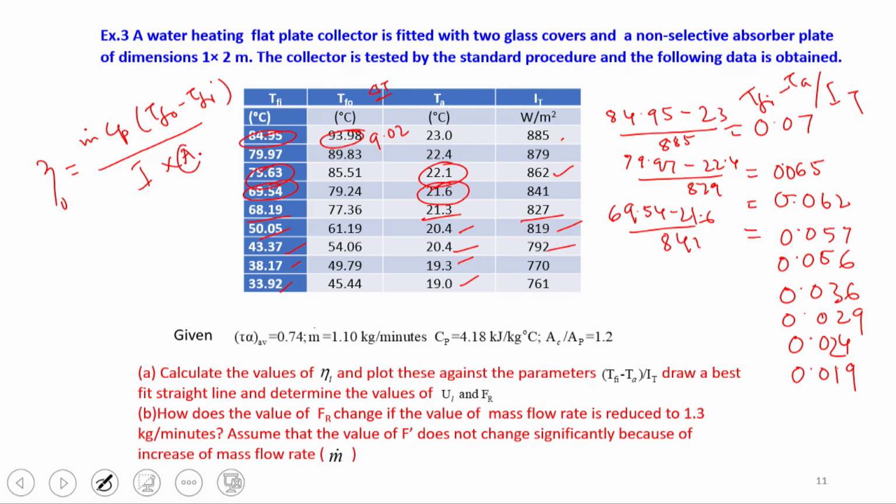So this A is how much? 2 square meter, right? And then I in the first case is 885, and M is 1.1.